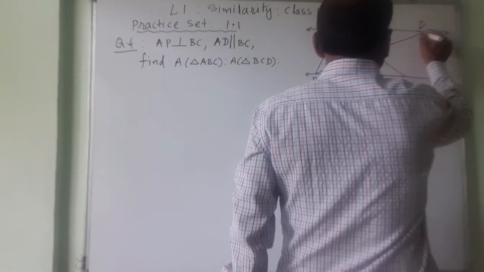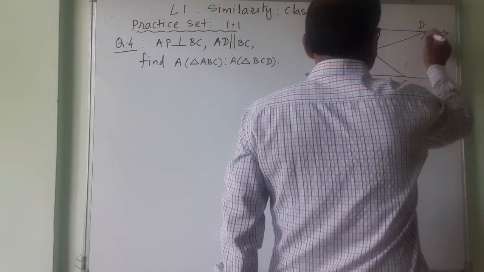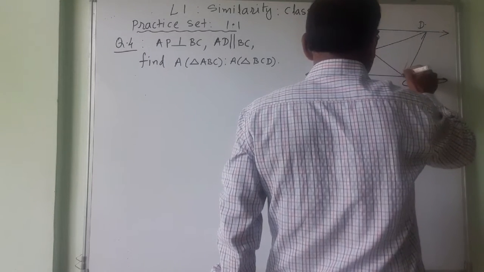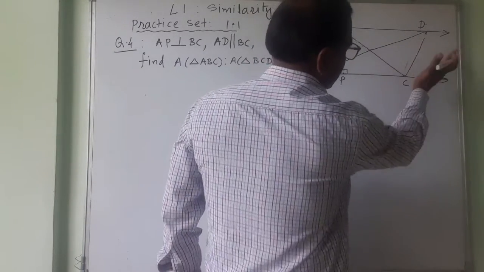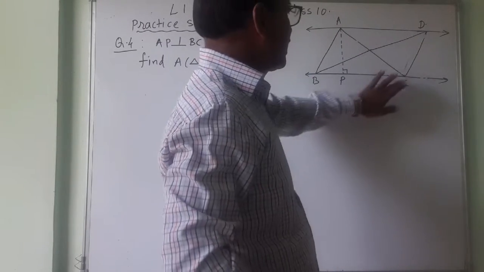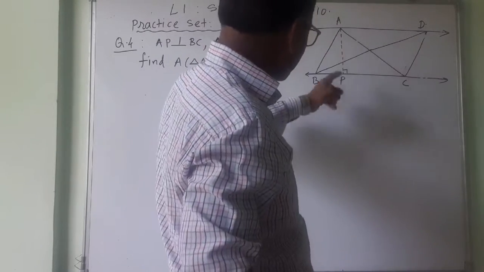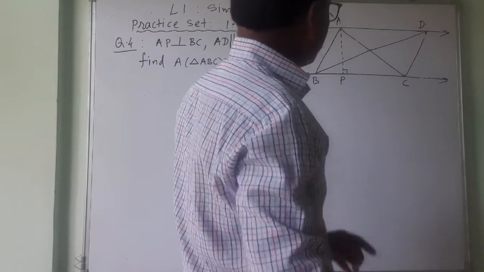It is inclined. But this AP is perpendicular to BC. In the textbook, it is given by the dark line, but purposely I am drawing it by the dotted line.